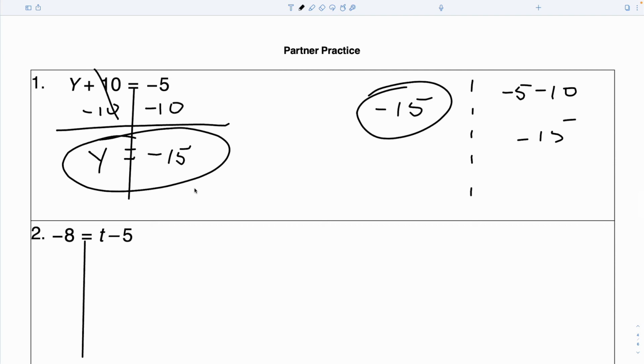Oh, what is that? Did I miss that? It's 9 minus 8.